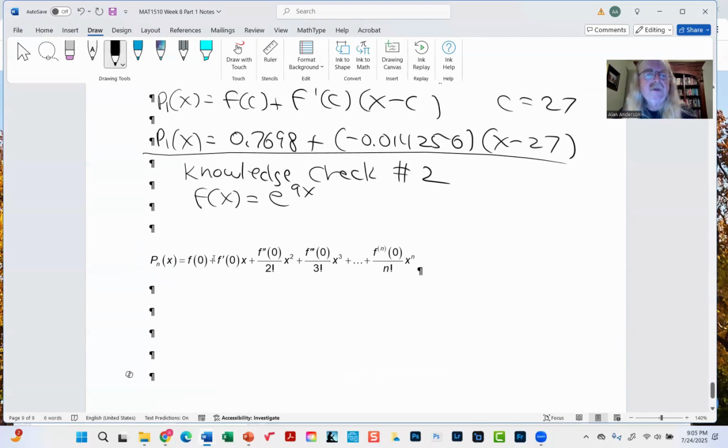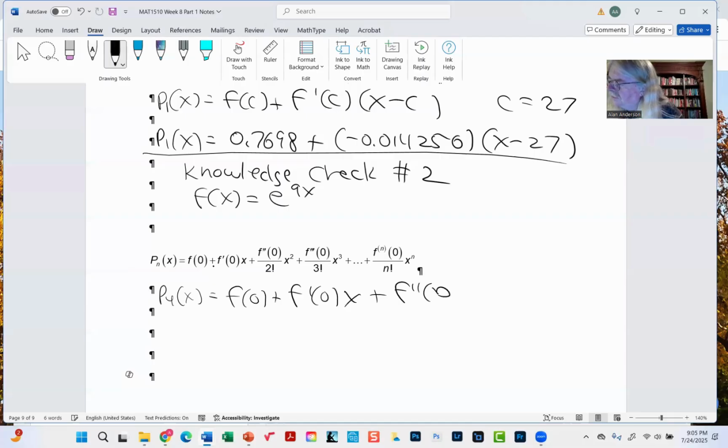So they want P4. And the way this is written, we'll need f of 0, f prime of 0 times x, f double prime of 0 over 2 factorial times x squared.